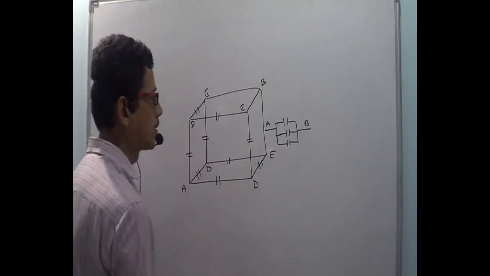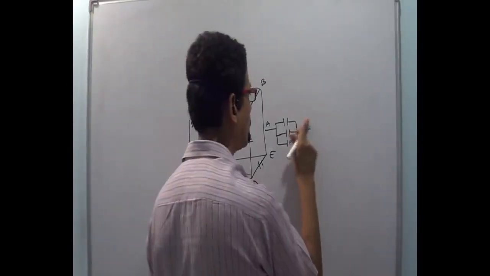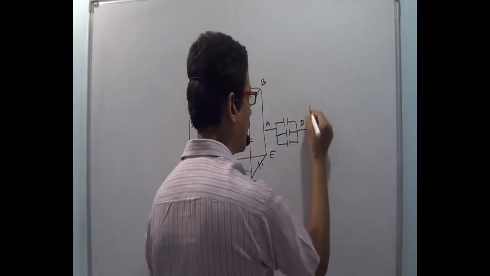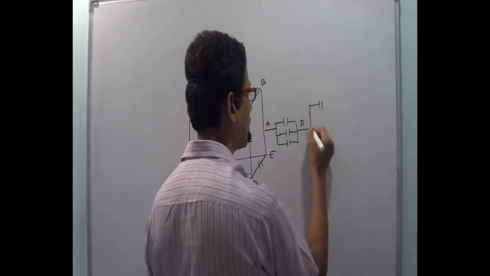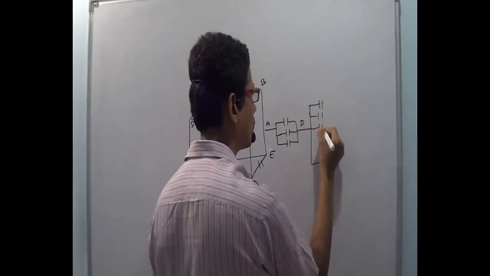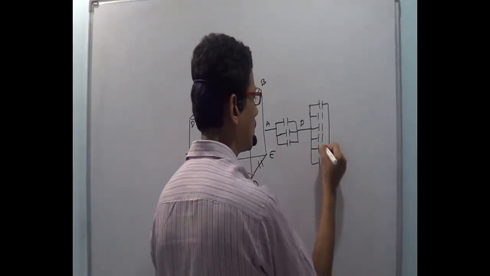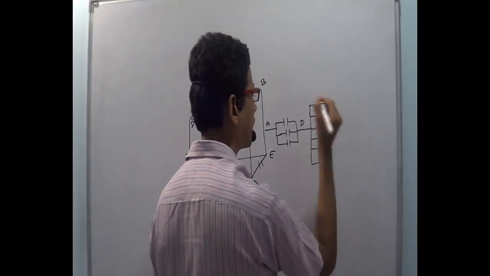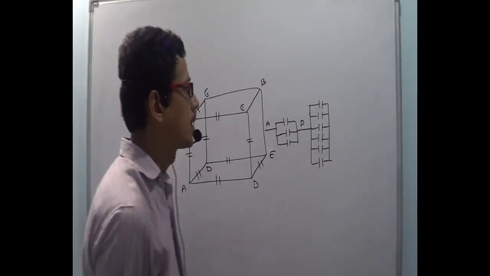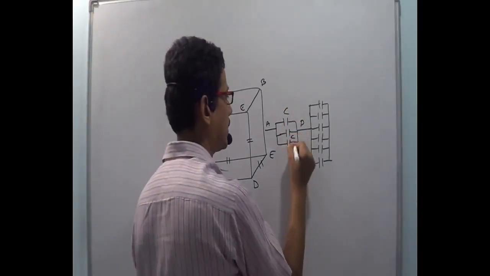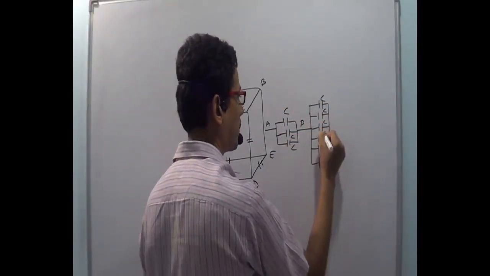One more is there, 6 capacitors are there, A to D. And D to E, how many are there? 6. 1 2 3 4 5 6. Okay, 6 capacitors, C. All capacitances, same capacitances.